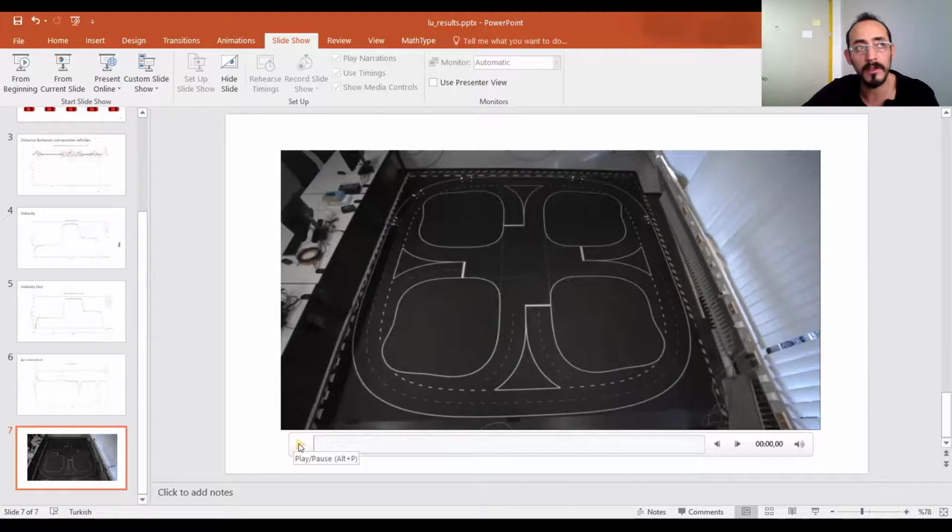So in this presentation, I indicate the difference between two different approaches. The first approach had a little error in the strategy. Now I'm running the video. This is the highest priority vehicle.